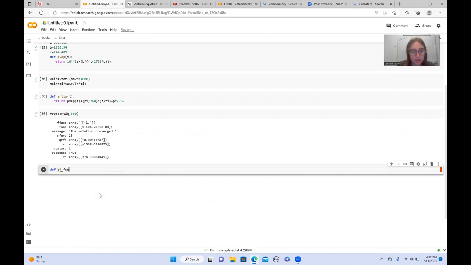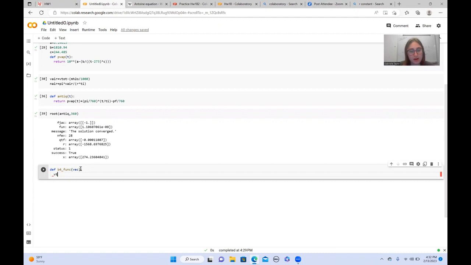I'm going to just do function, and this is a vector. Since there are 2 unknowns, you're going to have to use a vector because we have to figure out 2. So it's going to be V total, and T equals vector, sorry.